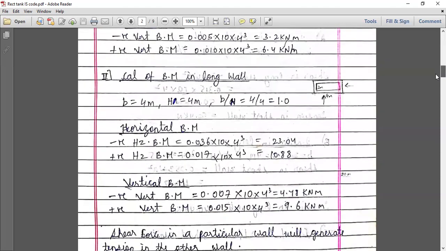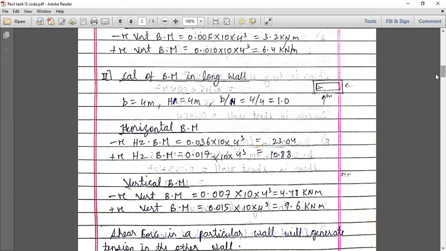Then similarly we will find out the bending moment in the long wall. So bending moment in the long wall, when we will consider the long wall ka dimension will become b, so then b by h will become 1. So now for this ratio 1 you will find out again the horizontal bending moment and the vertical bending moment.